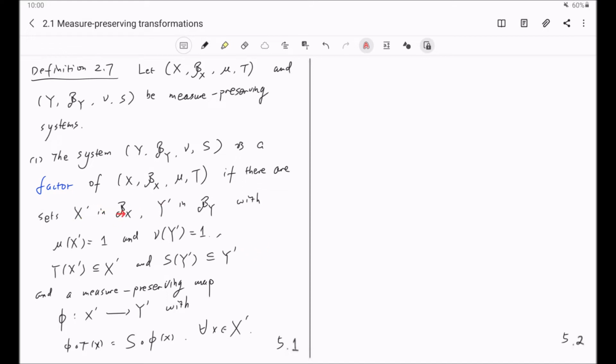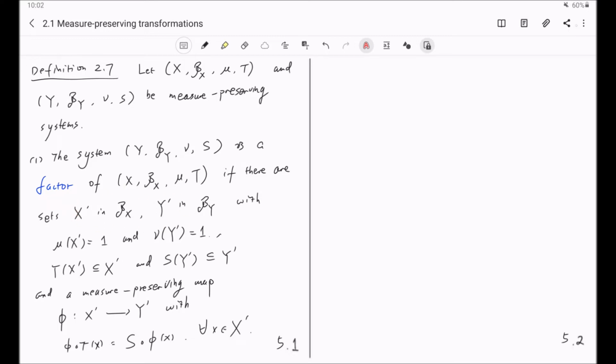So as long as we have subsets of full measure and we define our function over there, we are good. X' almost represents X and Y' almost represents Y. So that's enough, and in this way we will allow some flexibility.